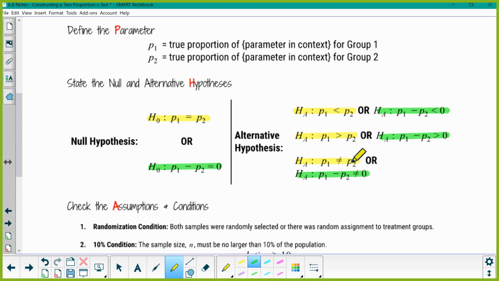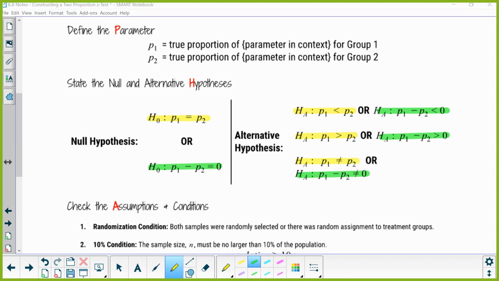Remember, the not equal to is going to be something that has a statement in the question, like there's no difference between the two populations, or we don't expect to see anything that differs between them. Generally, they don't phrase it as not equal to, they just say that there's no difference. And for the less than, greater than, you'll have that kind of language to follow. So we would define our parameters, state our null, and state our alternative.